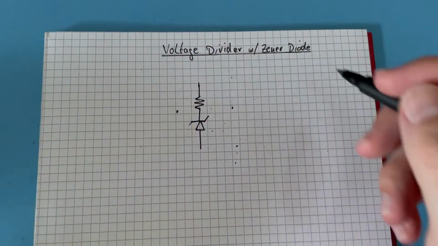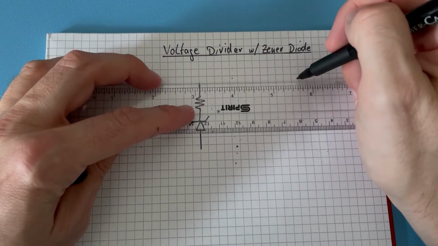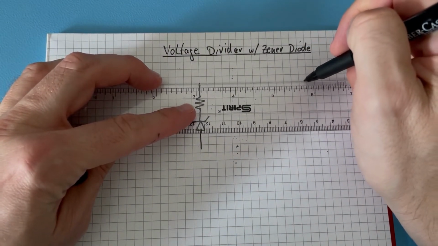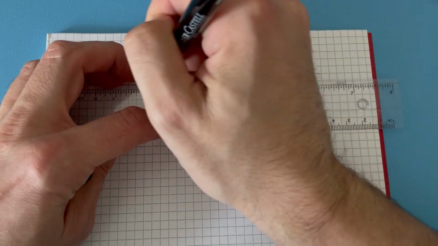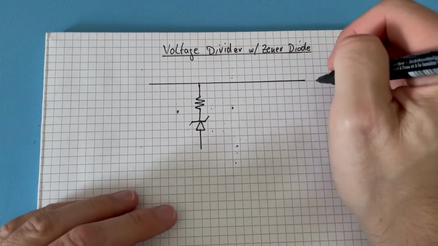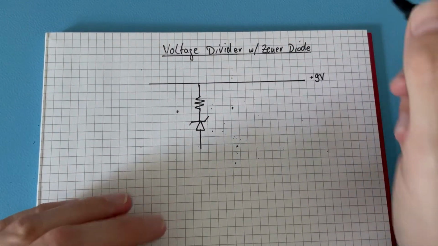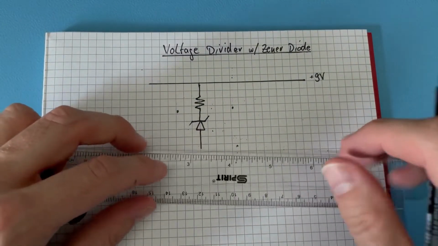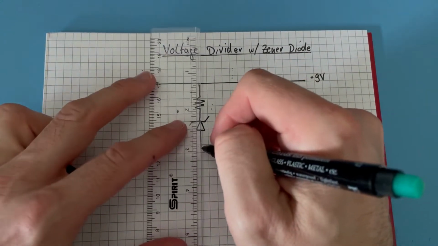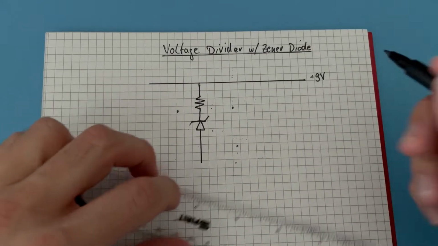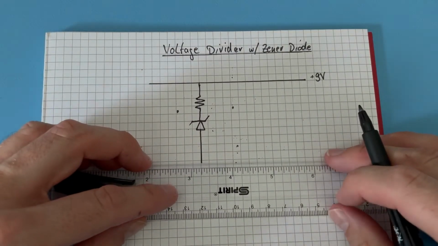and up here we have our, let's say, 9-volt rail, plus 9 volt, and here below we go down to ground.